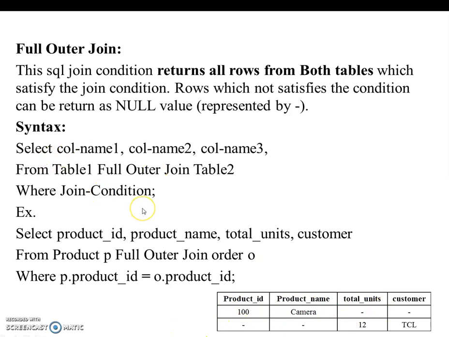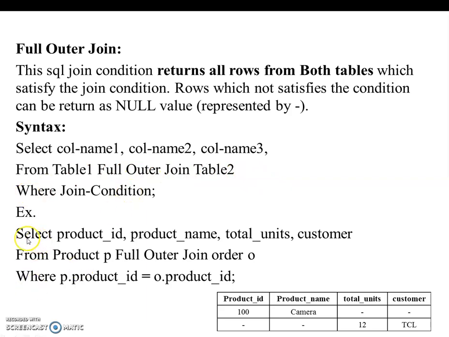The syntax always looks the same, but here instead of the left or right keyword we have used the full keyword. The syntax is select column name 1, 2, 3 from table 1, that is the left table, full outer join table 2, the right table, where join condition.